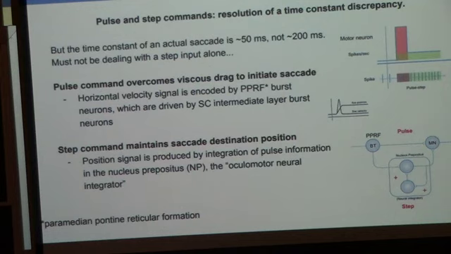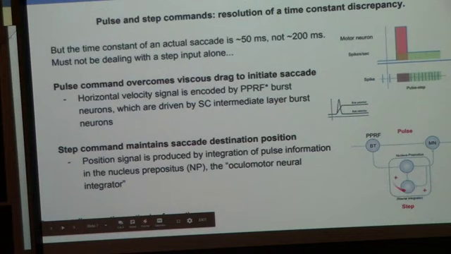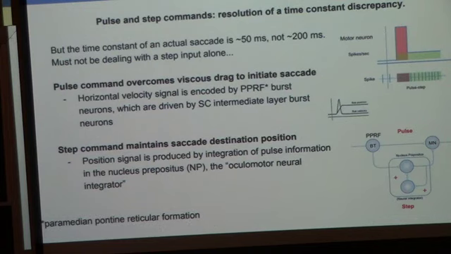Yeah, so you essentially have some burst of activity going straight to the motor neurons, which helps overcome the initial viscous drag. And then you also have that sort of signal from the burst neurons going into the nucleus prepositus, which just keeps maintaining that signal and sending it constantly to the motor neuron, and helps maintain that saccade. So it's like a continuous loop.